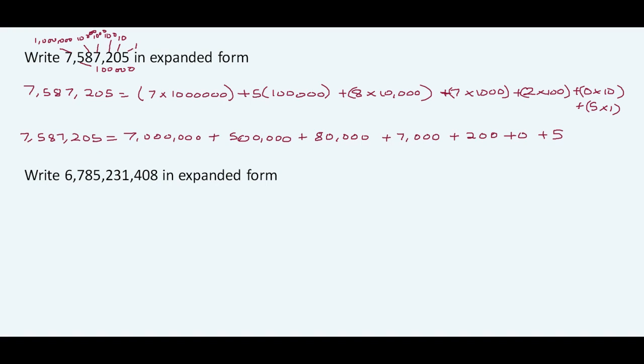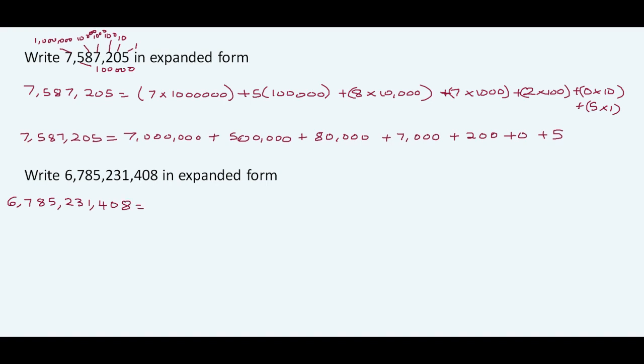Now in this case, this is going to be about 6 billion. So what we're going to do here is we have 6, 7, 8, 5, 2, 3, 1, 4, 0, 8.